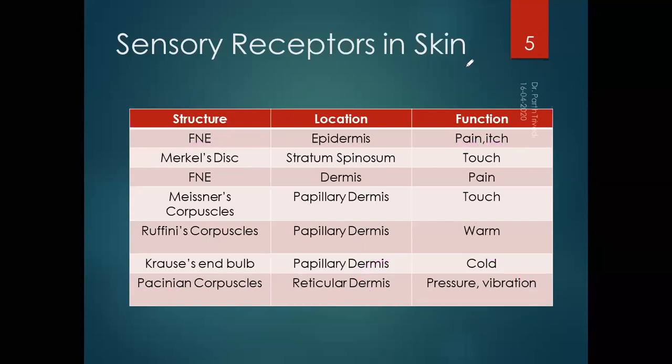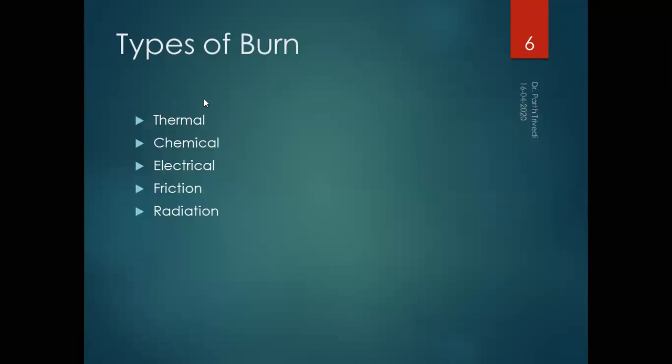Clear? So moving ahead with this, as I said, the burns are typically classified under thermal categories, chemical categories, electrical, friction, and radiations. We would be much more focusing on types of thermal burns, thermal burns and electrical burns.